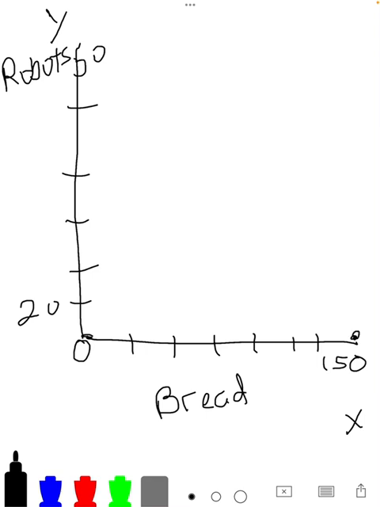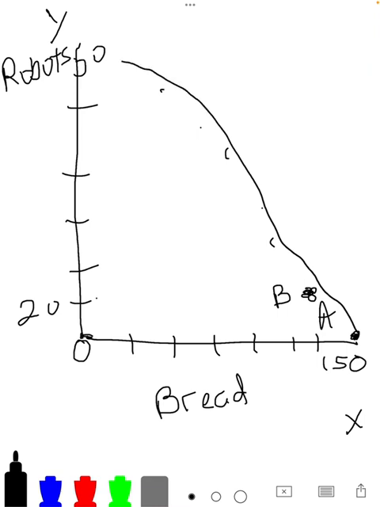That would be here. 0 robots, 150 units of bread, and that is point A. Point B, 20 robots, well, that would bring you up to here on the y-axis, and you're going to be about here on the x-axis, and that's going to be point B. And so you're going to map these points out that you're given, and it's going to come out in the end with a curve that looks something like this.